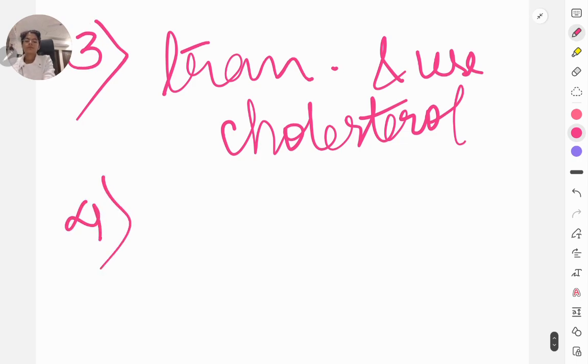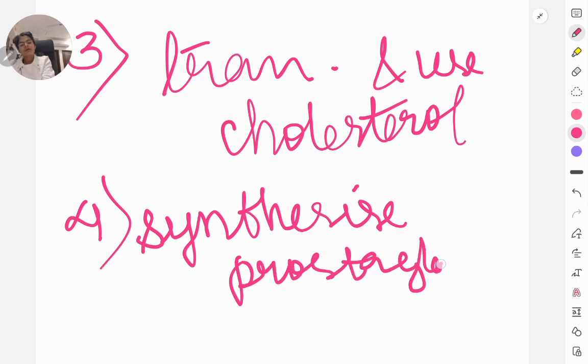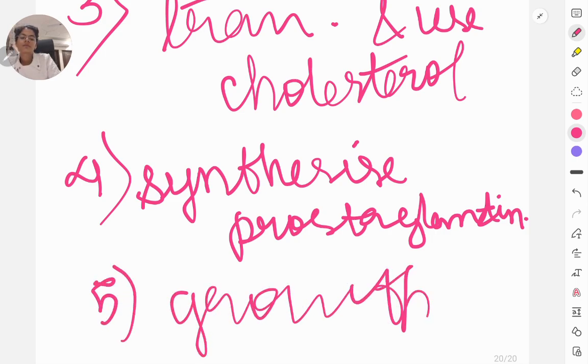Then it helps to synthesize prostaglandin. Also, it helps in the proper growth and development of the reproductive system. Okay, now these are the importance of essential fatty acids.